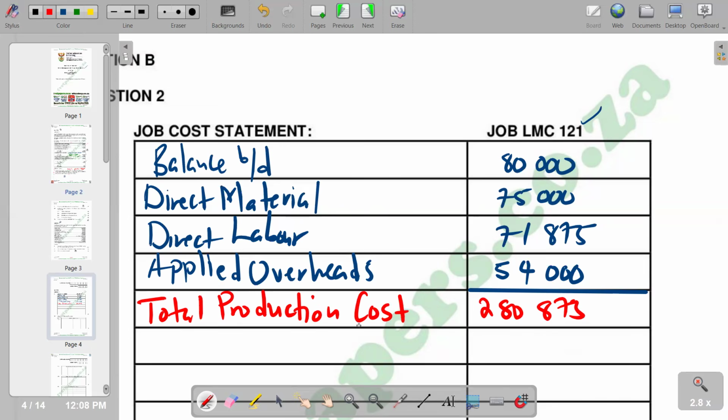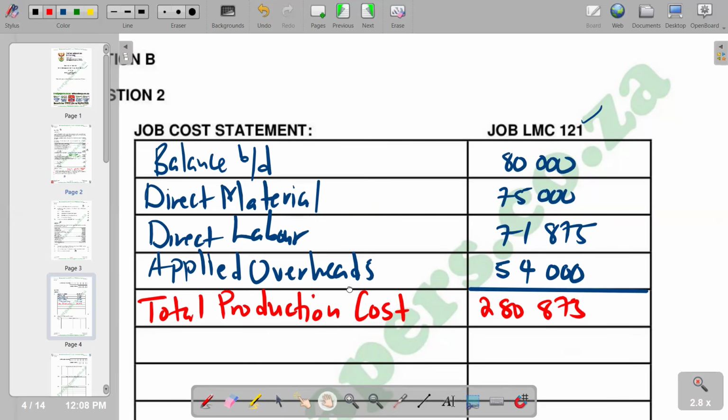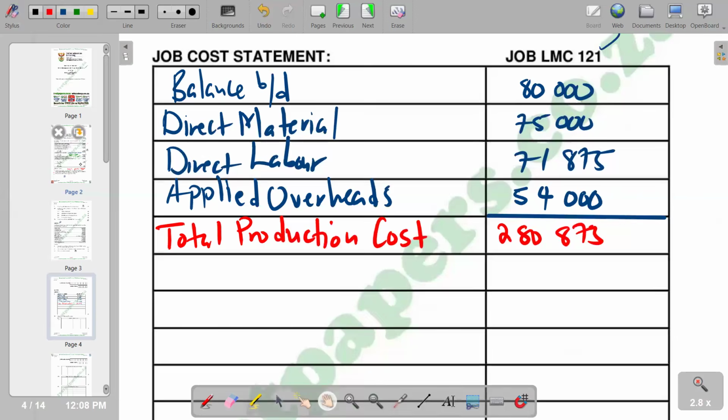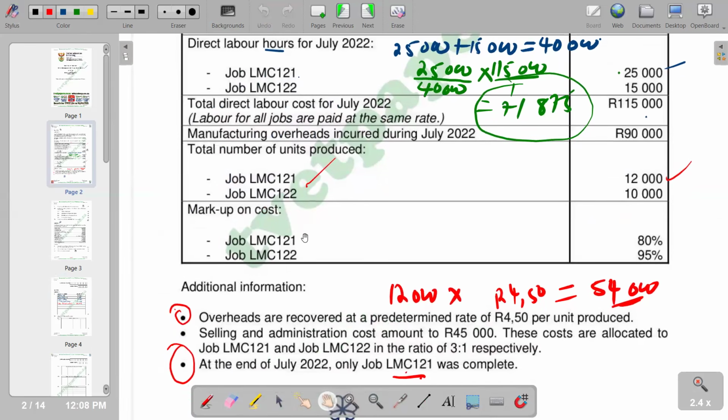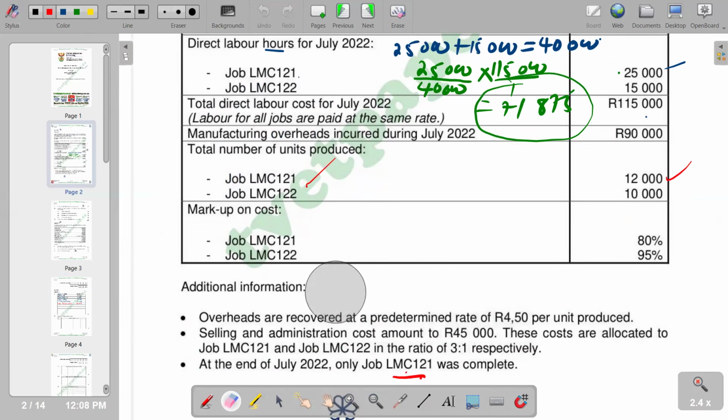Beneath that, we go to the other costs that are not part of production costs. We check what we have. Here you would see that we are given selling and administration costs. Selling and administration costs amount to 45,000 rand. These costs are allocated to job LMC 121 and job LMC 122 in the ratio 3:1.